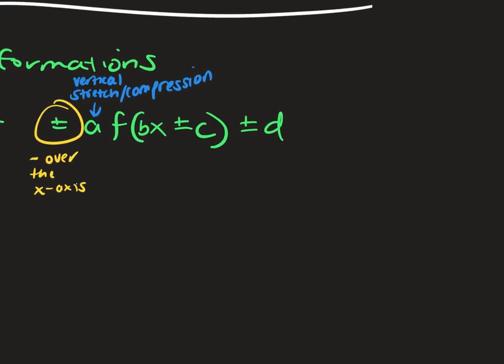If there is a number being multiplied inside the parentheses times the x, this is a horizontal dilation. So it's a horizontal stretch or compression. And this time it's the reciprocal.